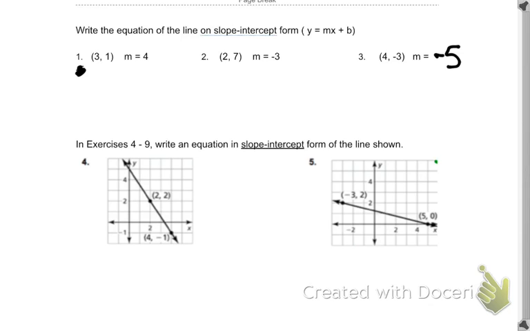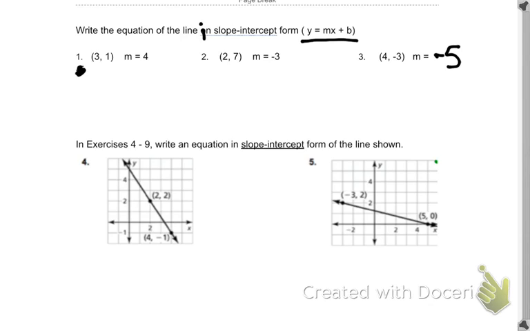This is where we are going to move into page 9 of your packets. For 1 through 3, we are told to write the equation of the line in slope-intercept form, which means we're writing it as y equals mx plus b.